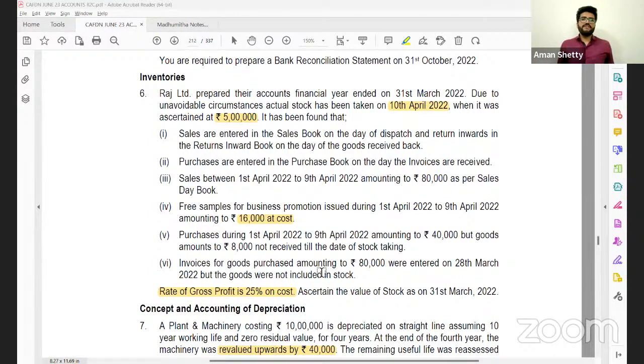Therefore, last one, final answer is value of the physical stock as on 31st March 22: 6,28,000.